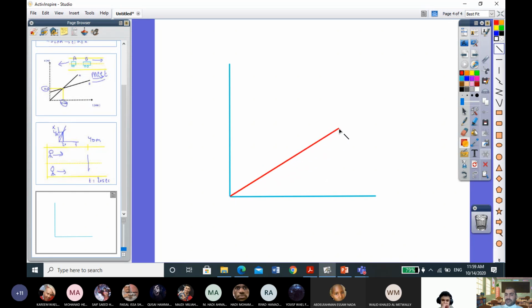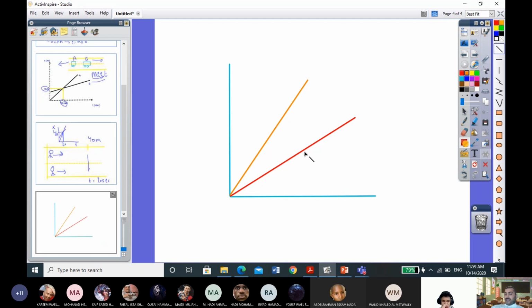So this is the velocity of Tia, position as a function of time. And if the velocity of Luis is more, it will be steeper than Tia.